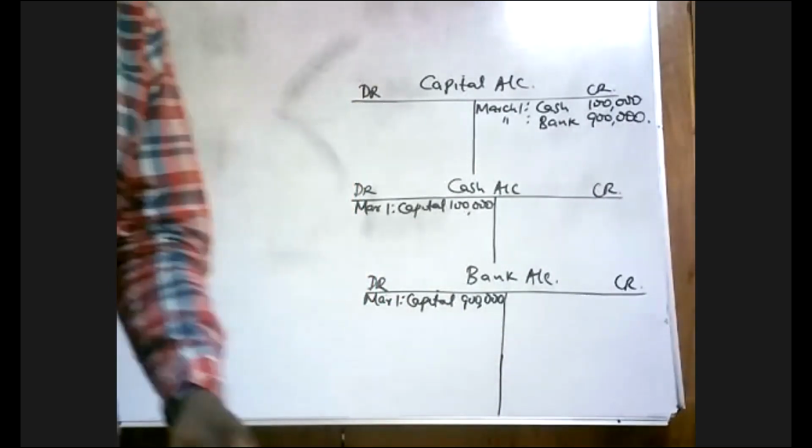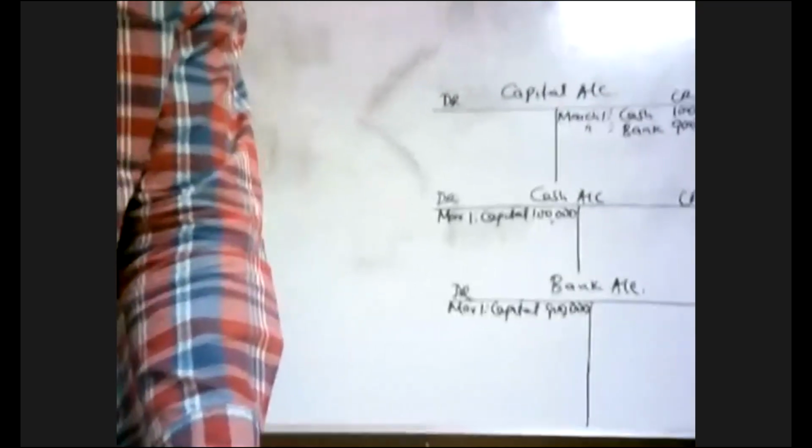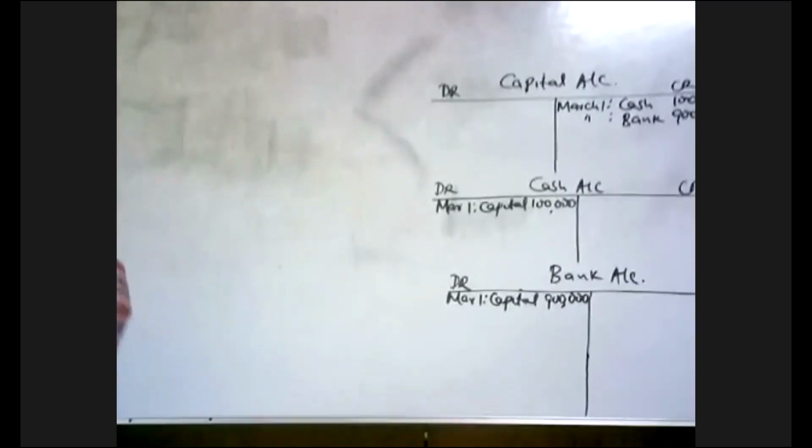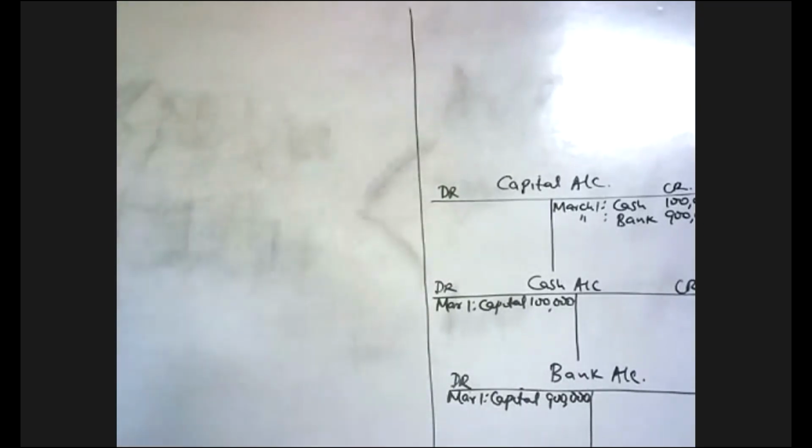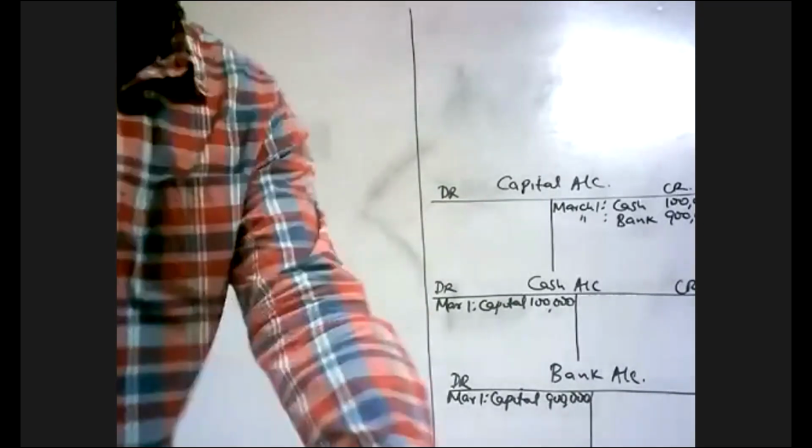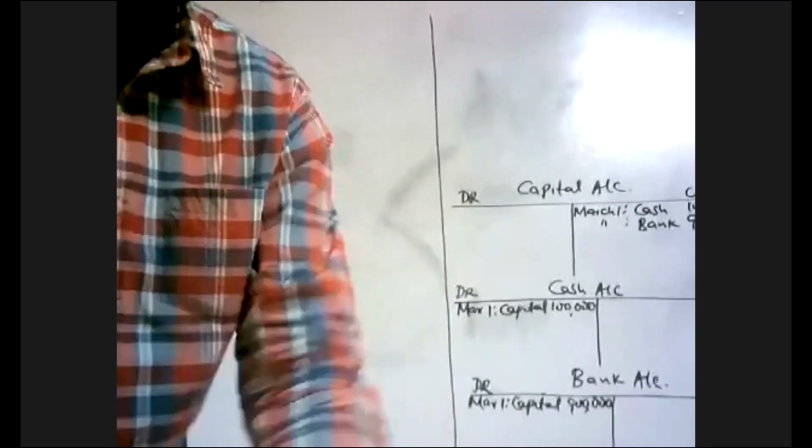We bought furniture. Remember what we said about furniture and any other fixed asset? Who will try? I can try. Yes, go ahead.